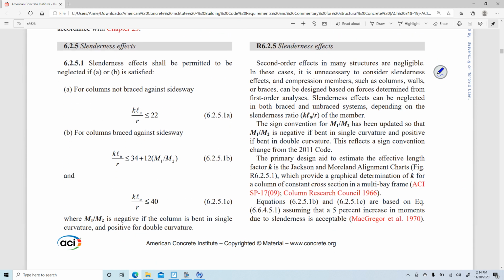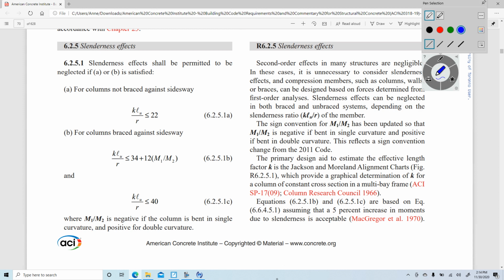Slenderness effects shall be neglected if A or B is satisfied. If we're not braced against side sway, our building can go like that.